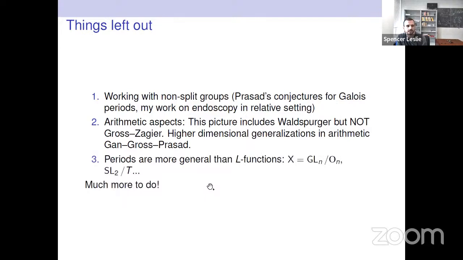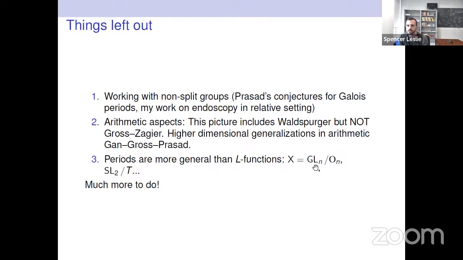And finally, something that I find very interesting, but doesn't currently fit into this framework, is that the periods seem to be more general than L-functions. There are very natural spherical varieties to write down. I've written down a couple here.